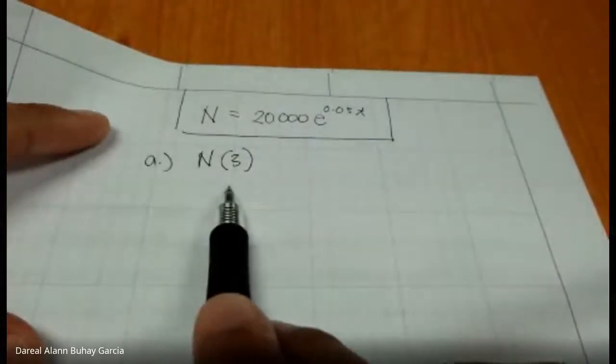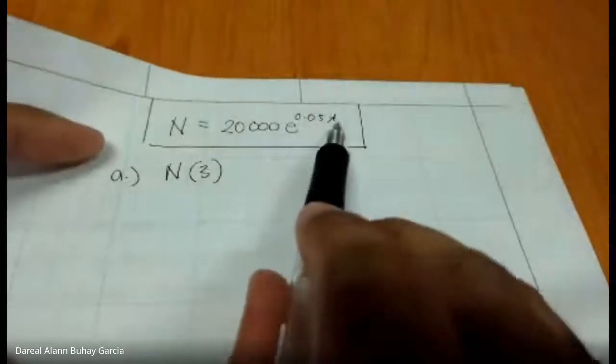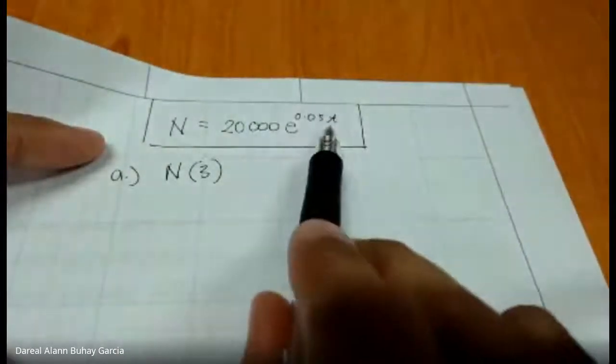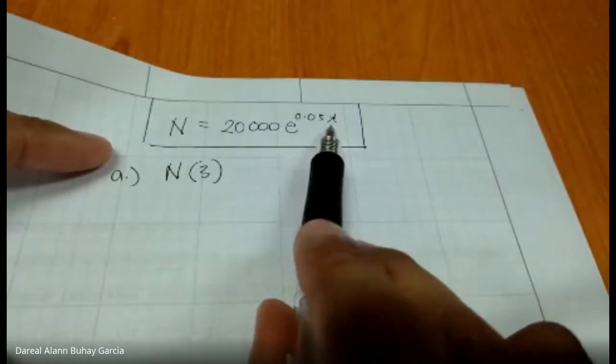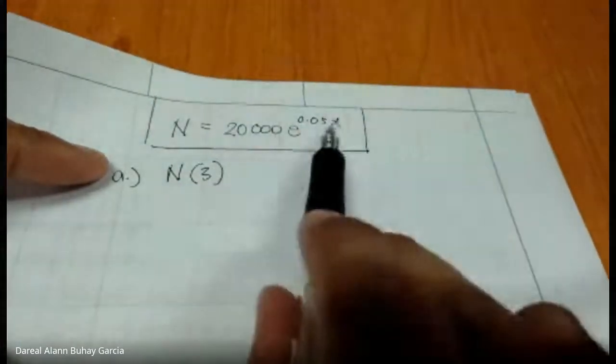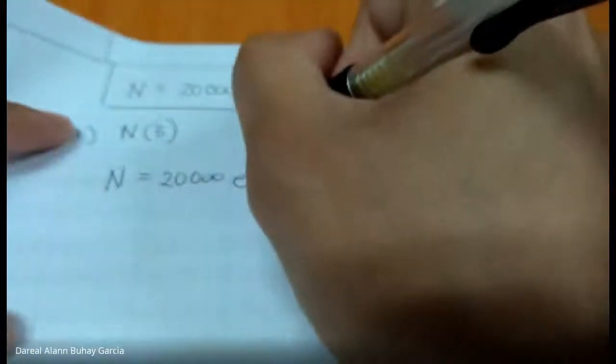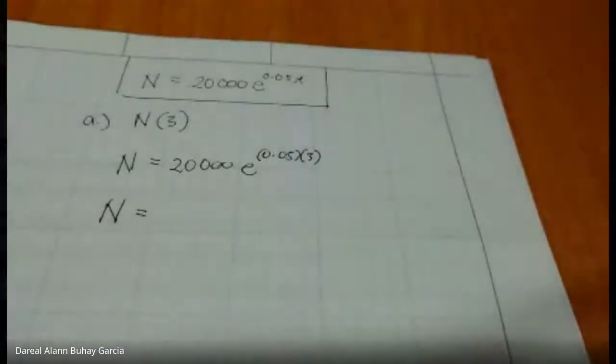So, n is equal to 20,000 e to the 0.05 times 3. 20K times e, 23,236.68. Okay, very good.